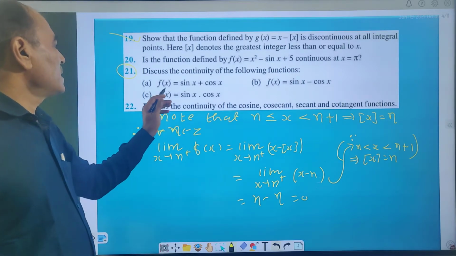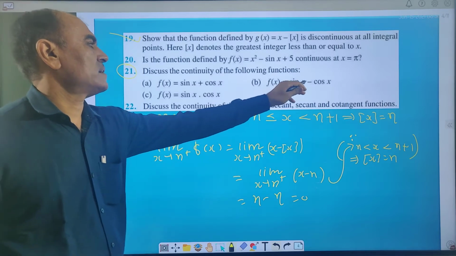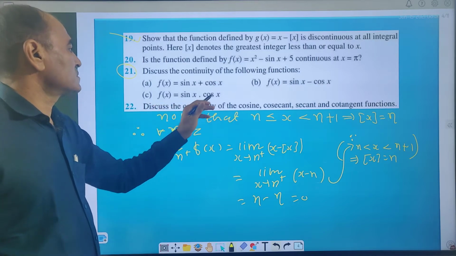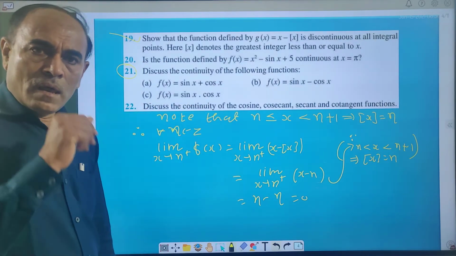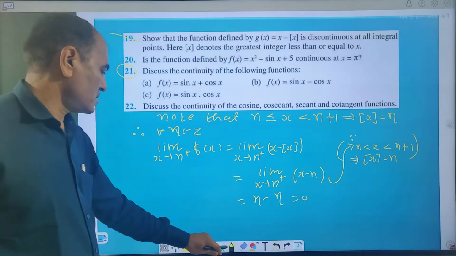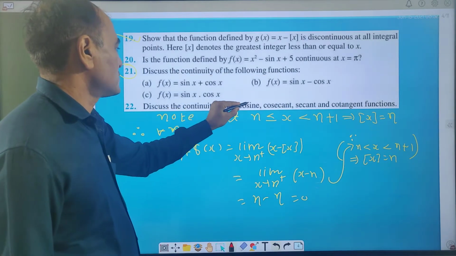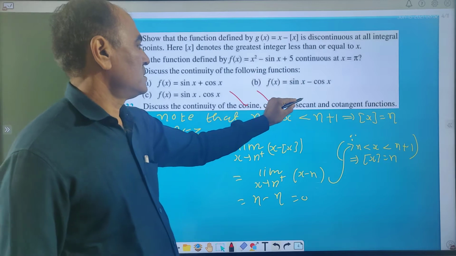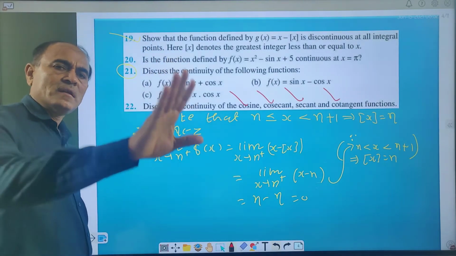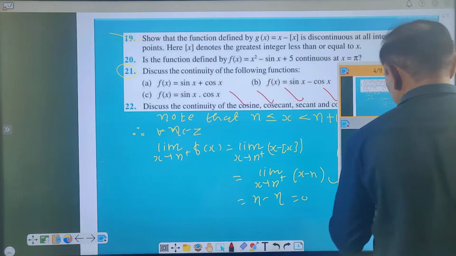And therefore f(x) is equal to sin x plus cos x is also continuous, f(x) is equal to sin x minus cos x is also continuous, and f(x) is equal to sin x into cos x is also continuous. And we already saw the continuity of the cos function, cosec function, sec function, cot function, tan function, sin function. Last time we already saw the continuity of all these functions.